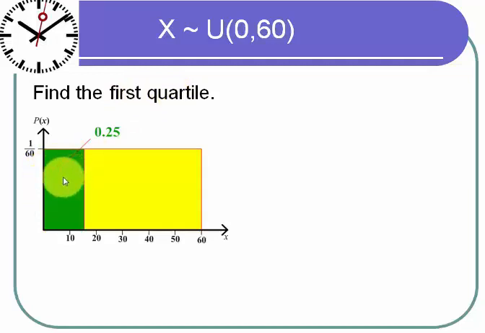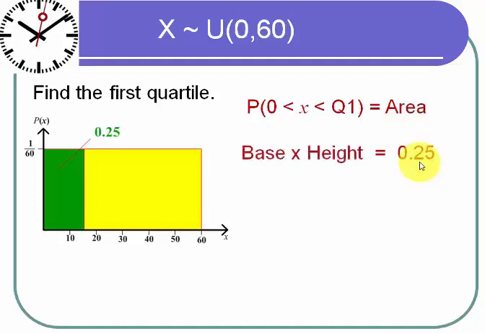So let's set that up, recalling that the probability that x is between 0 and this first quartile, which I'll call Q1, is equal to the area. But the area, again, is 0.25. But since we have a rectangle, the area is the base times the height. The base of this rectangle will be Q1 minus 0, and the height is 1 over 60. We're talking about the same problem with the second hand.